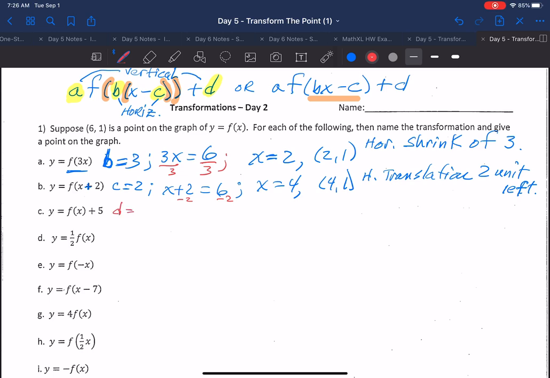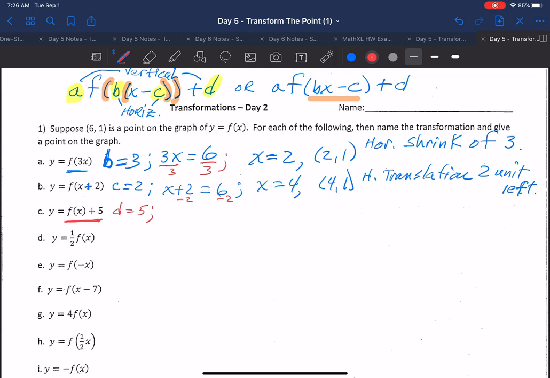D equals 5. So if you look at this, it says f of x plus 5. We know what f of x is. F of x is 1. We should know from our Algebra 1 and probably Algebra 2 that we should have a primary understanding coming in here of our transformations.